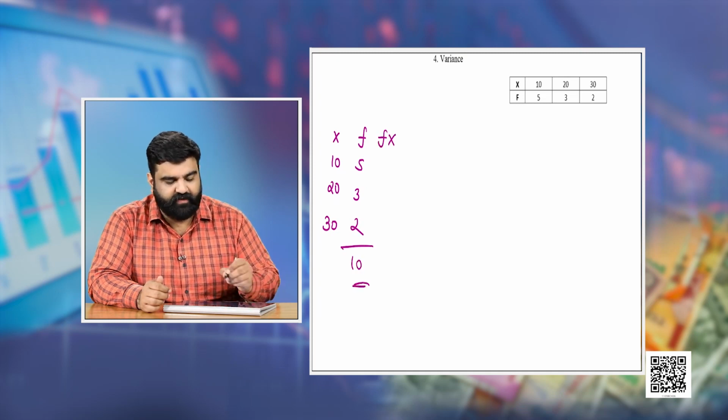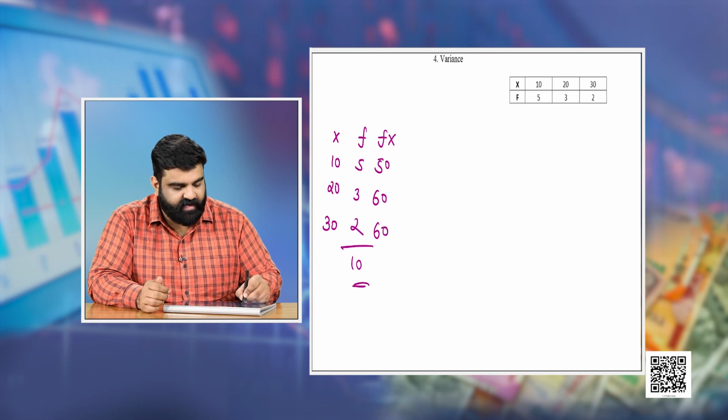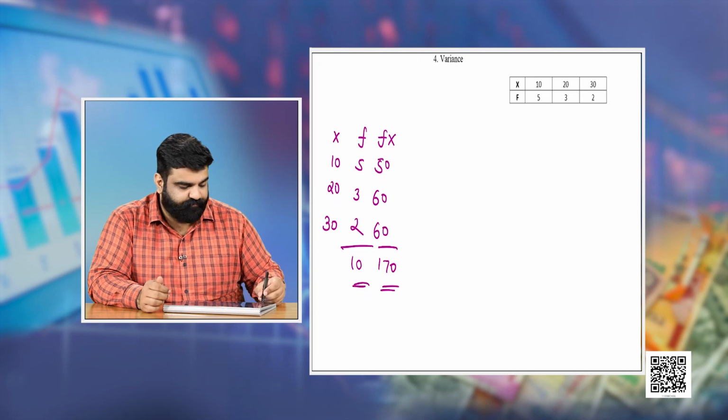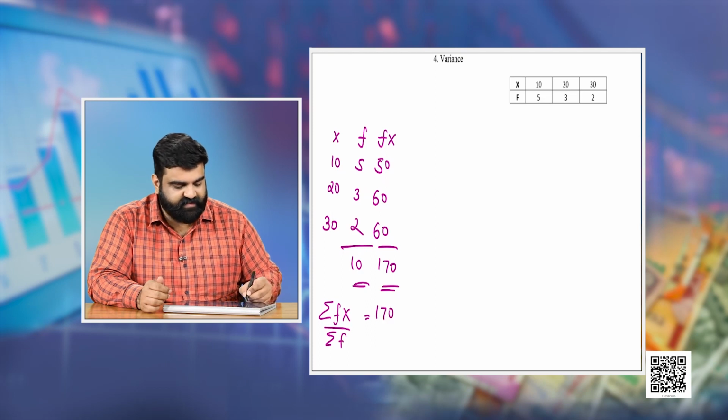Let us first calculate the mean. So, we take fx, which will be 50, this will be 60 and this will again be 60. The total of this will be 170. So, when we calculate the mean, we apply the formula sigma fx upon sigma f, which will be 170 by 10, that is 17.